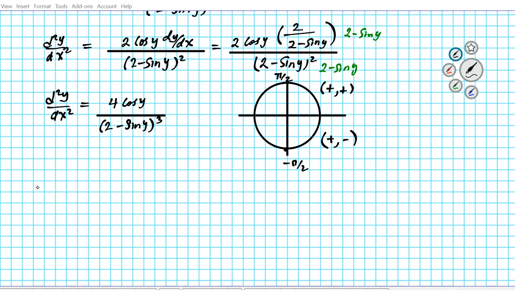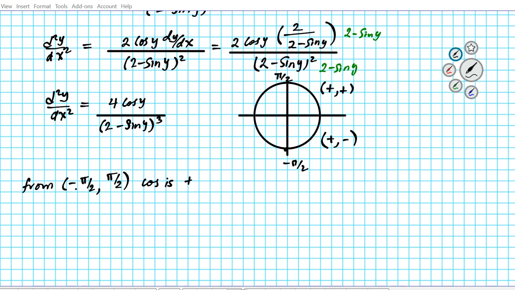Okay, so we know that from negative pi over 2 to pi over 2, on the entire interval that we have, guess what? The x coordinate is positive, right? Cosine is positive.